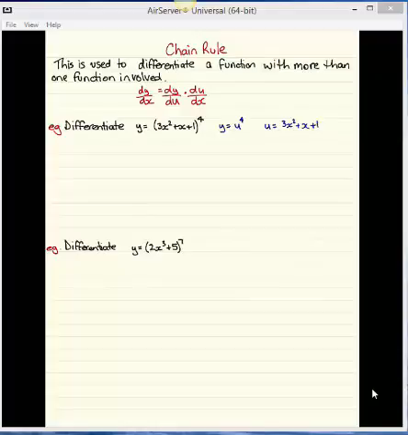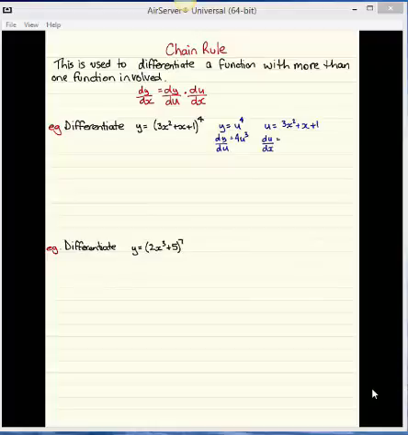And so the formal way of setting this out is to write let y equal u to the power of 4 and that u equals 3x squared plus x plus 1. So then what we say is that dy/du, so if we differentiate y with respect to u, we get 4u to the power of 3. But we also need to differentiate u with respect to x.